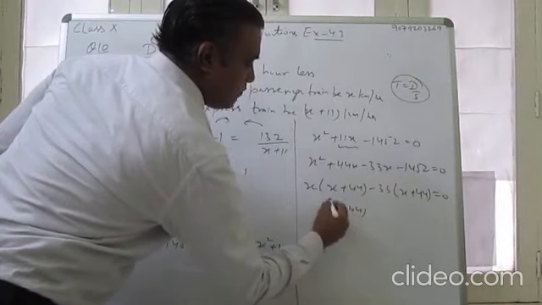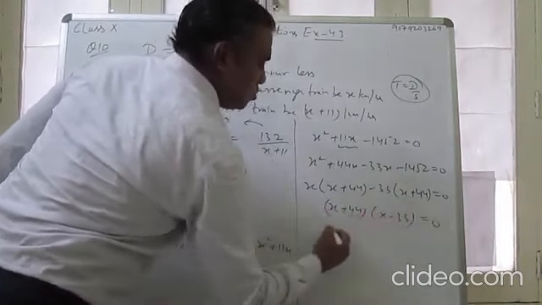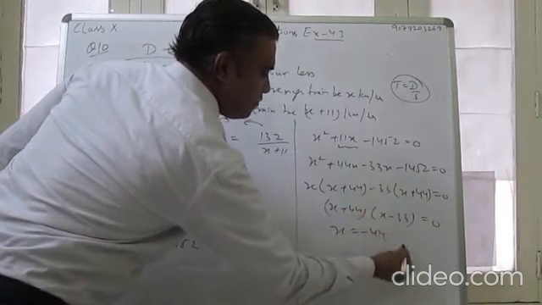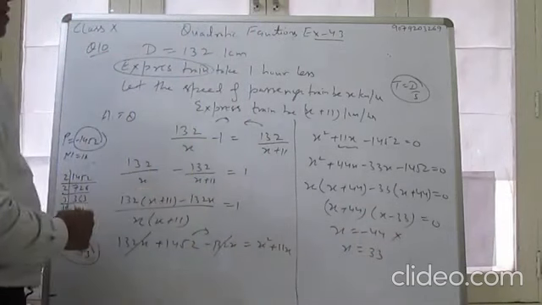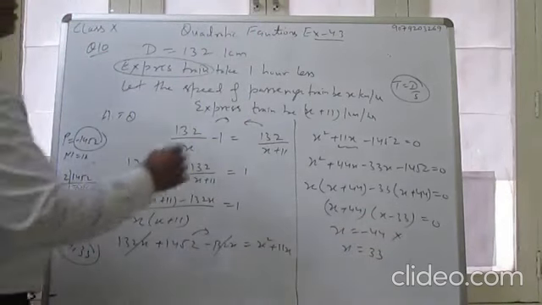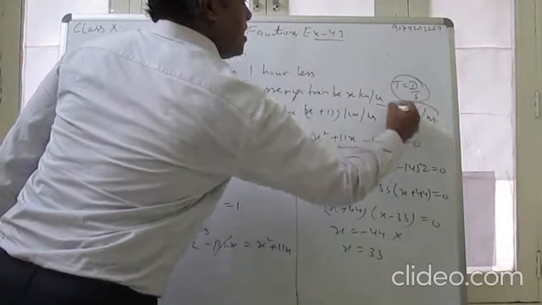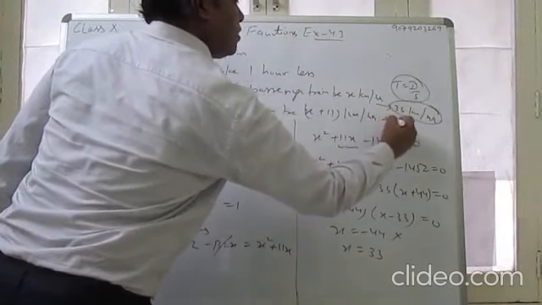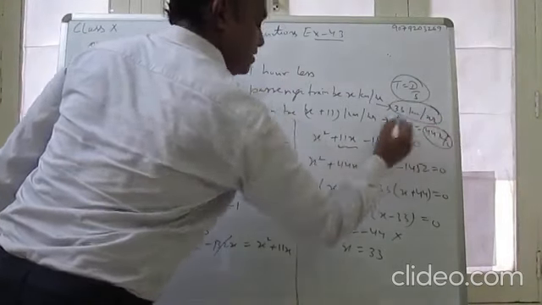Again x plus 44 common, x minus 33 is equal to 0. So x is equal to minus 44, but speed is not negative, so x is equal to 33. Speed of the passenger train is 33 km per hour and the speed of the express train is 33 plus 11, 44 km per hour.